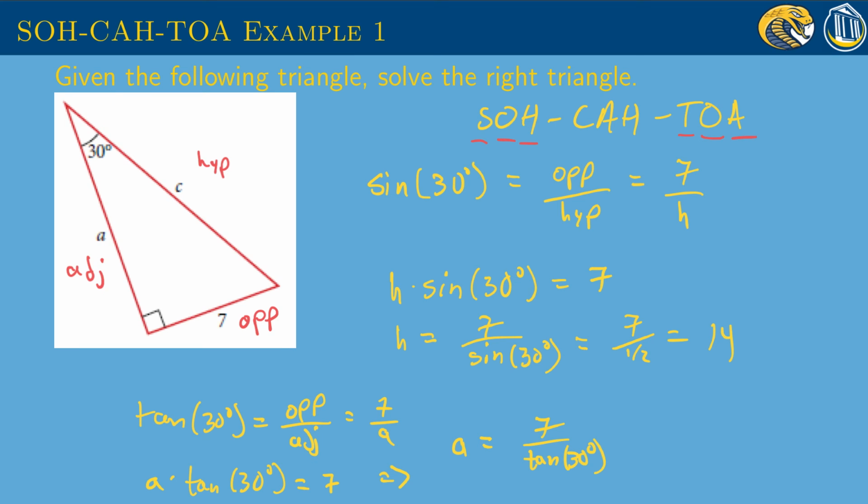Now, we can look up tangent of 30 degrees, or we can calculate it. But we can get that tangent of 30 degrees is root 3 over 3.